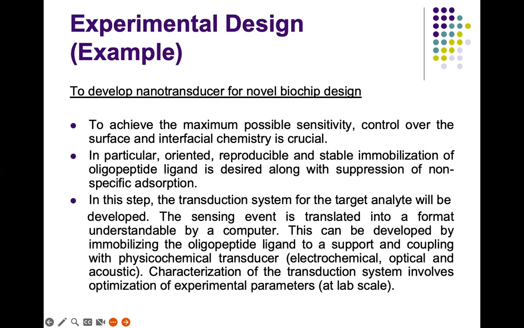Okay. So I'm giving an example, the first one, on the nano transducer. The one that I have written down here is for the purpose of grant application. As you can see, the method section, or the experimental design, is very general. This is purposely done because when we researchers apply for a research grant, it's difficult to make it very detailed.